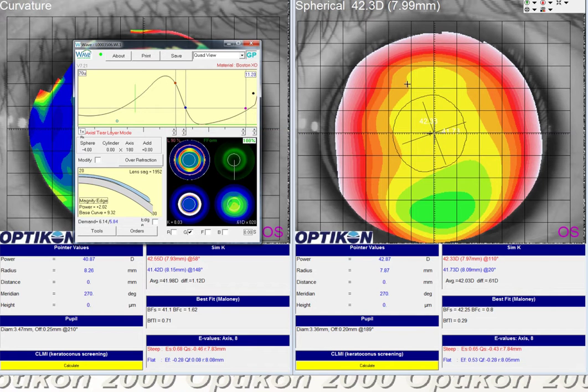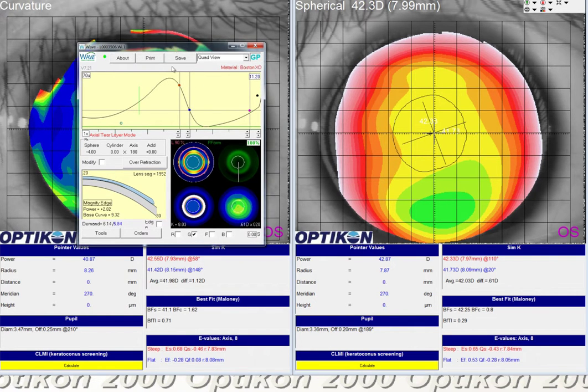If we look at the height map, or the spherical offset map for this left eye, there's enough asymmetry inferior to superior where I think going with a freeform lens does make sense. So what I would do for the left eye is go ahead and create a new lens in freeform. You can use the same parameters otherwise, and then after that go ahead and build in your differential of about 15 microns.